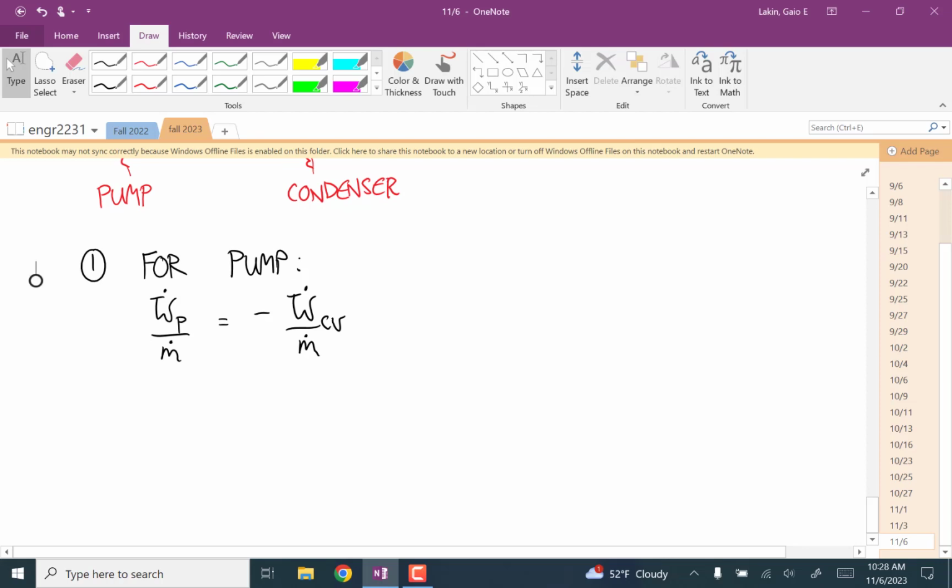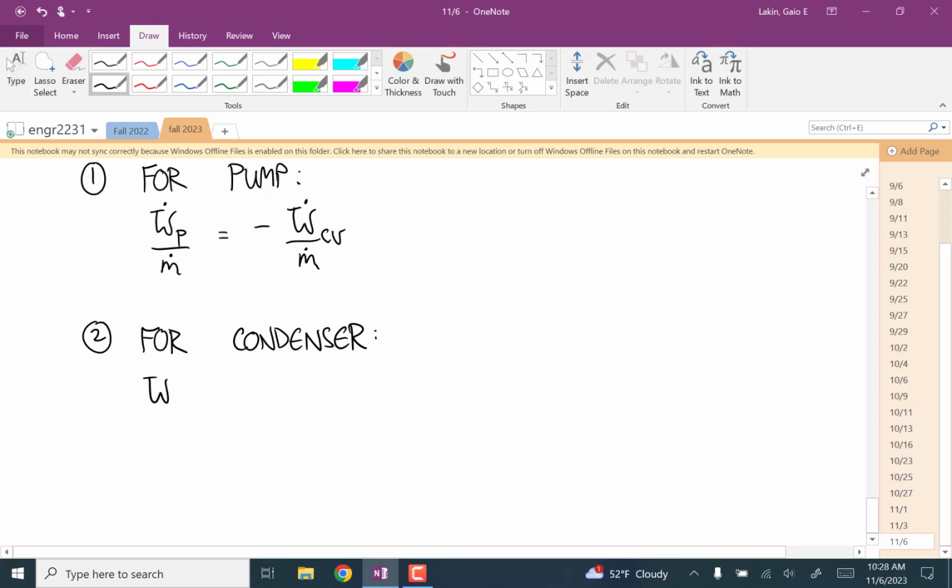That's also the same for one of the two cases with the heat. Which one do we have to switch the sign of Q dot? The condenser or the boiler? Condenser? Yep, that's right. So for the condenser, Q dot over M dot is equal to negative Q dot for the control volume over M dot.